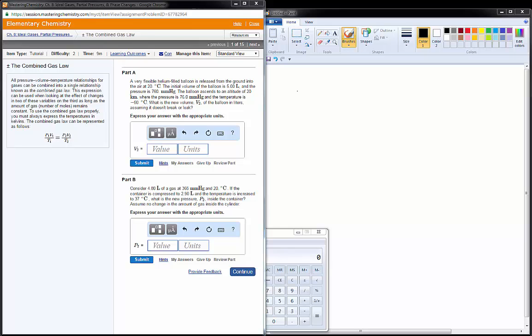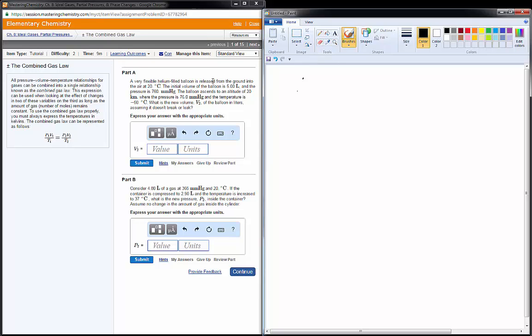So let's get started. First question here is asking about a flexible helium-filled balloon, and they give us some information about that. You've got an initial temperature of 20 degrees Celsius. We have an initial volume of 5 liters and an initial pressure of 760 millimeters of mercury.